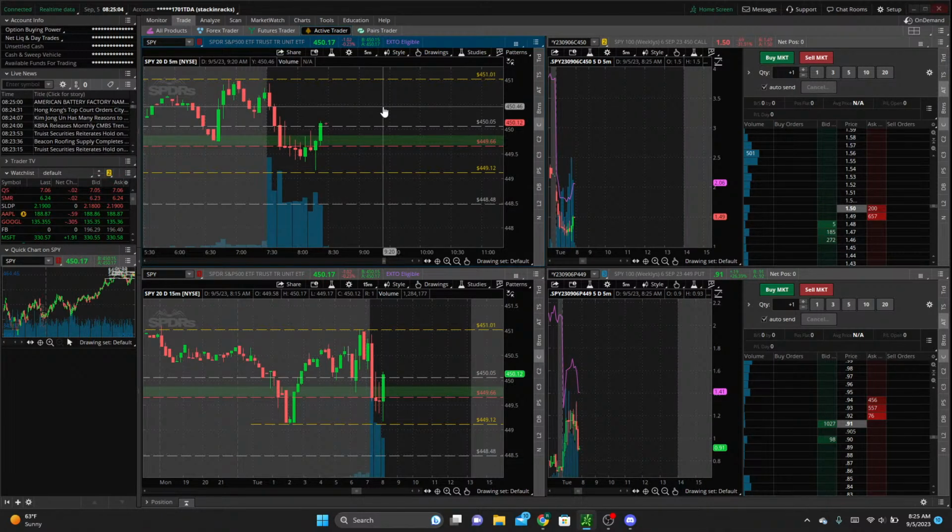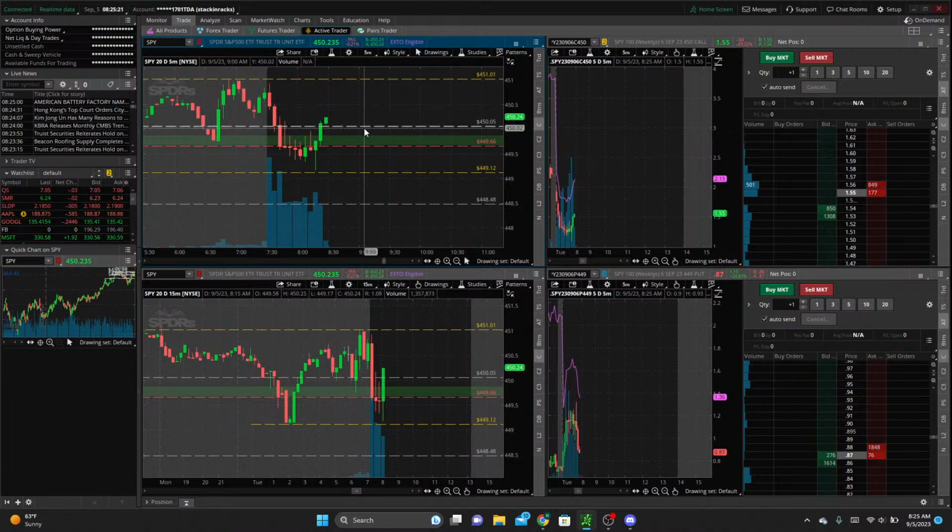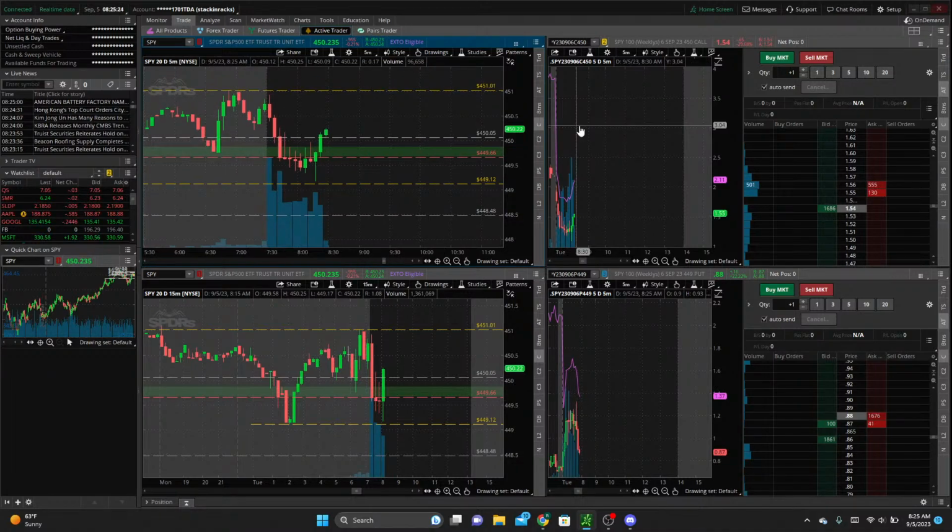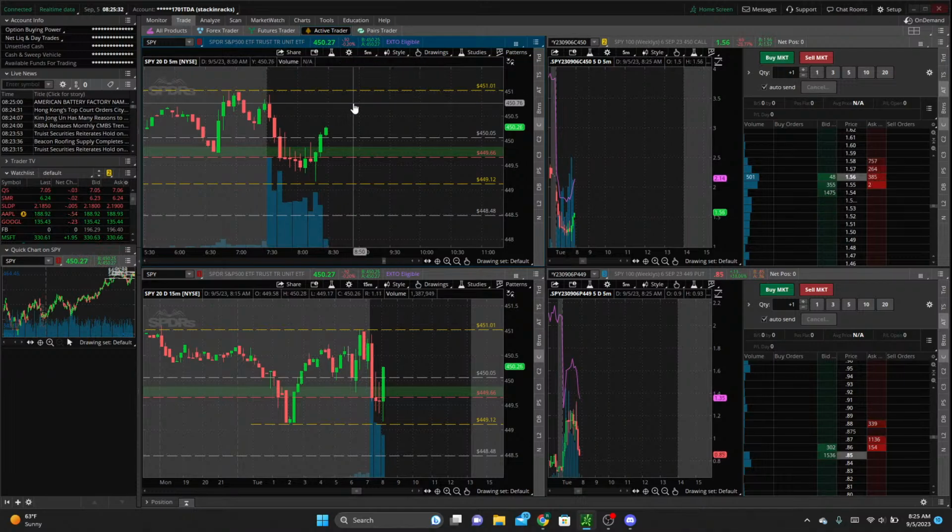We did reclaim that 450 level. Looks like we're making a push higher here. Apple broke out to the upside. Retest that 190 gap. Yeah. We got it.